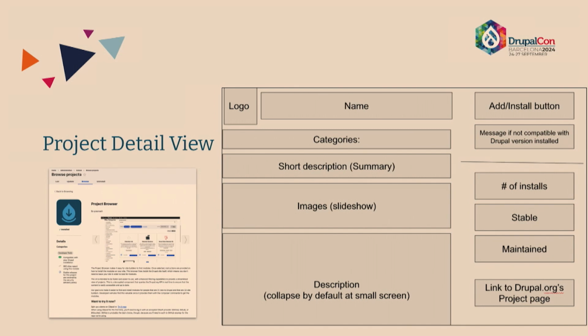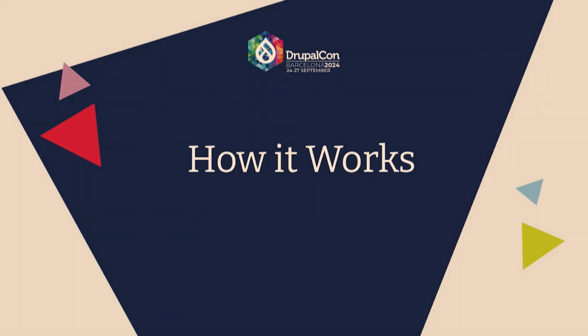You can find this information right within the project browser. So we're working on that, and there will be a link to Drupal.org within this detail page, so you can go out. It's not going to have the issue queue. It's not going to have everything from Drupal.org, but it's going to give people the information they need to make a decision on, is it worth investigating this module further? That's our goal, is to give you a snapshot. All right, and now Chris is going to tell you how all of this works.